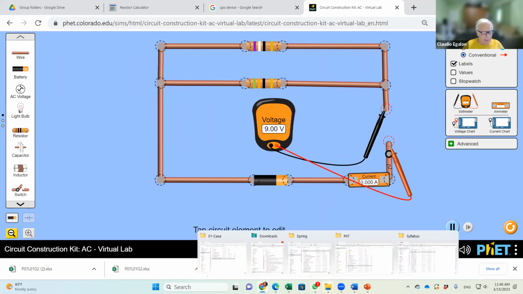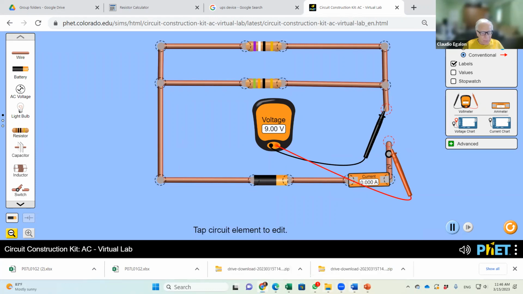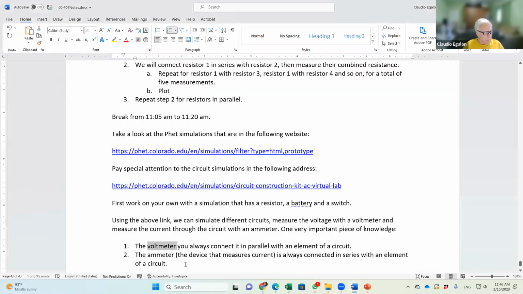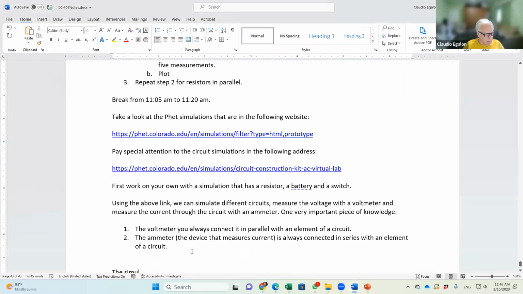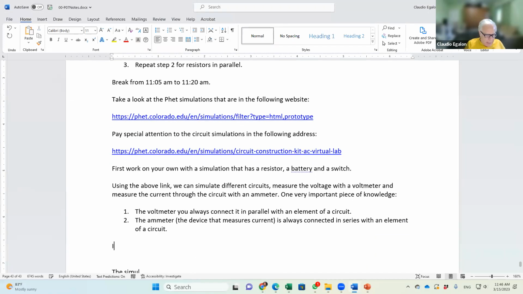So let's write that down. If we connect a voltmeter in series with a circuit, the current goes to 0. Why is that?